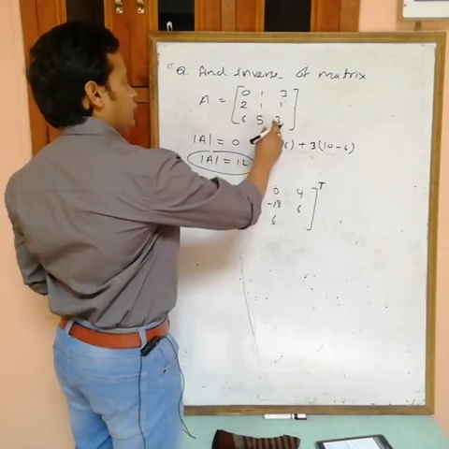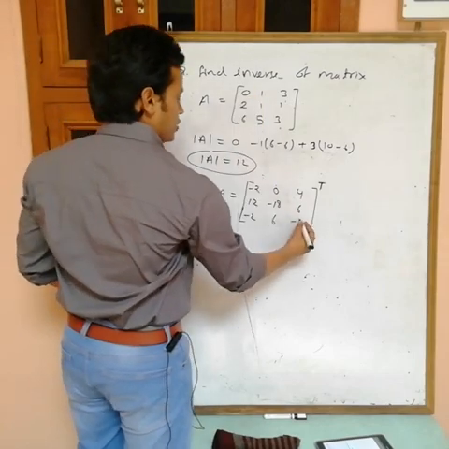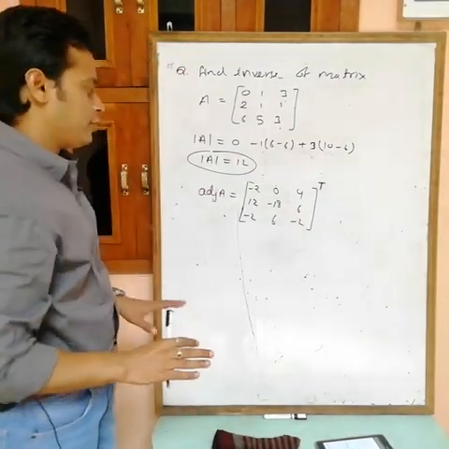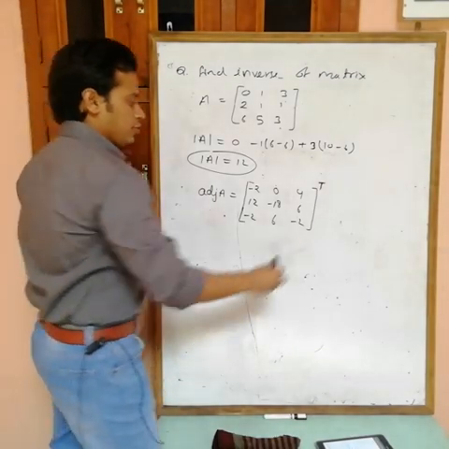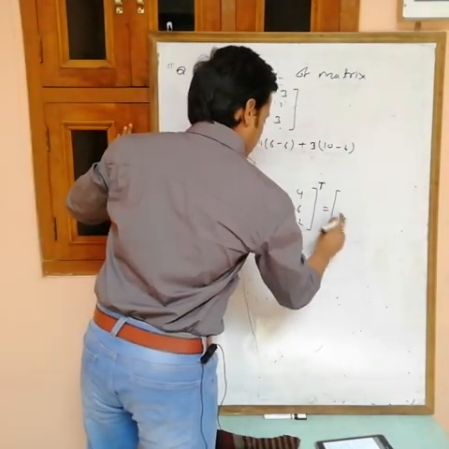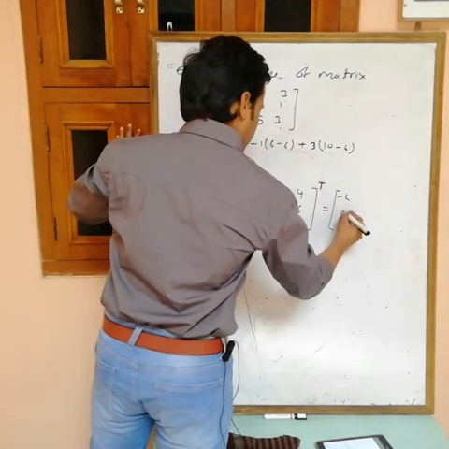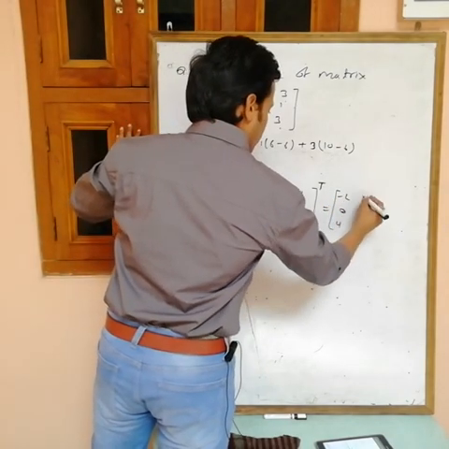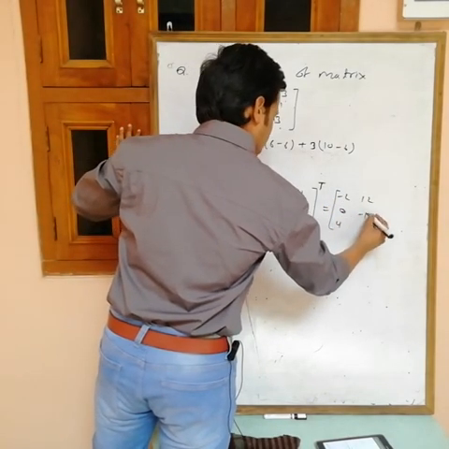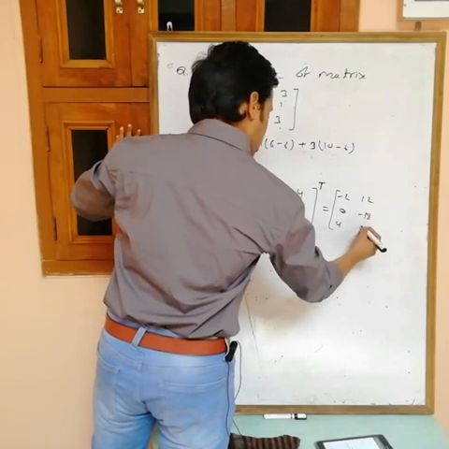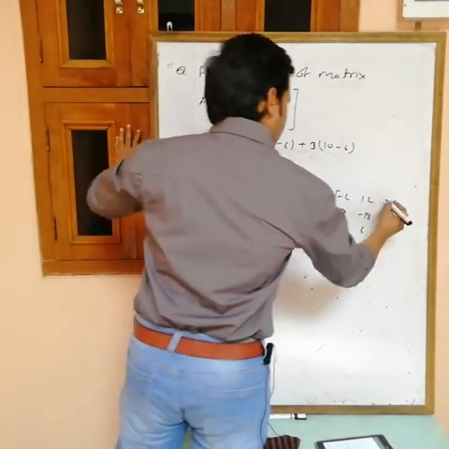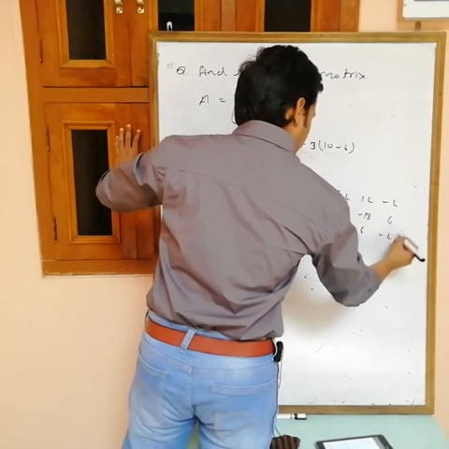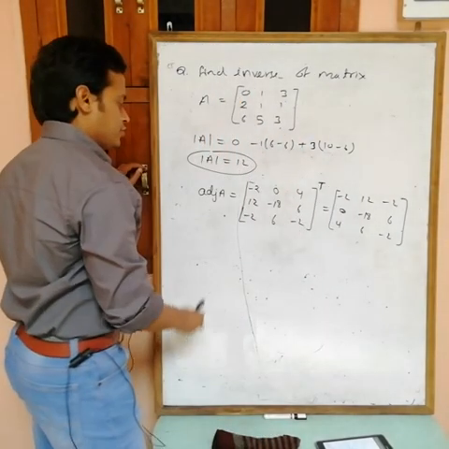And for 3, 0 minus 2, minus 2, positive sign, so it stays negative. So that is the adjoint of A. Now take the transpose of this one: minus 2, 0, 4, 12, minus 18, 6, minus 2, 6, minus 2. This is the adjoint of A.